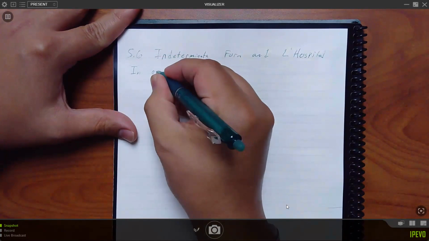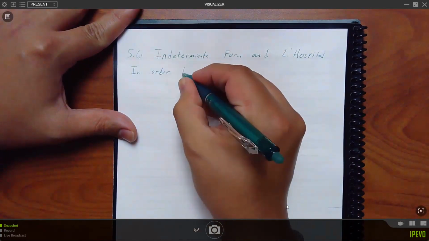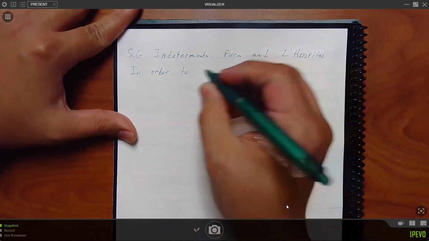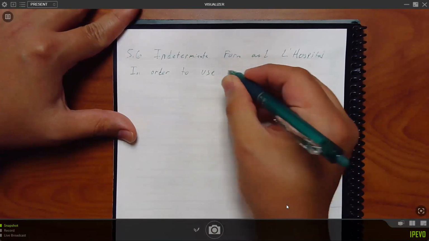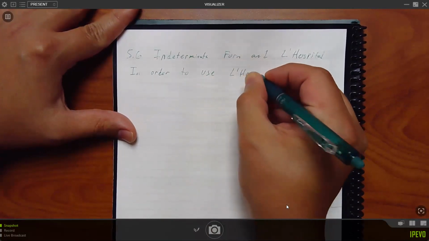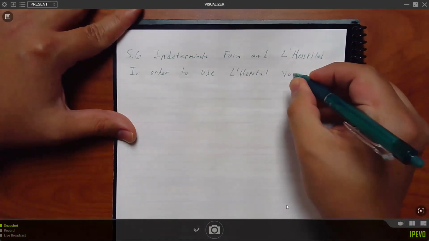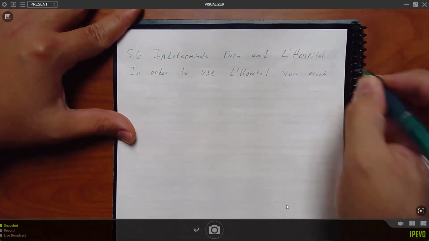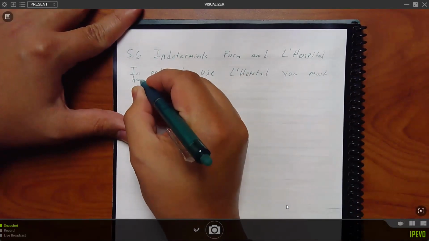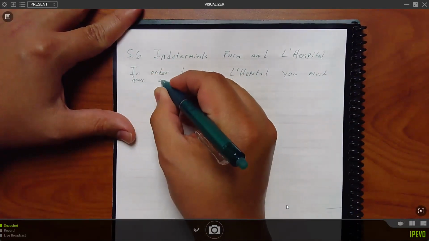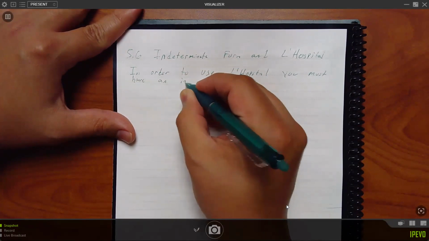So in order to use L'Hopital, you must have an indeterminate form.